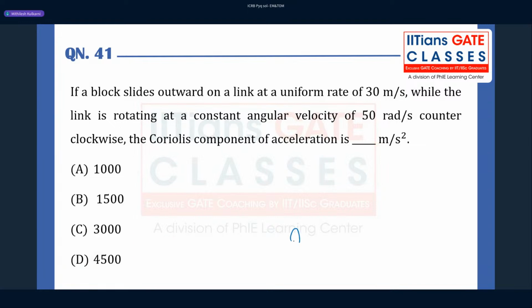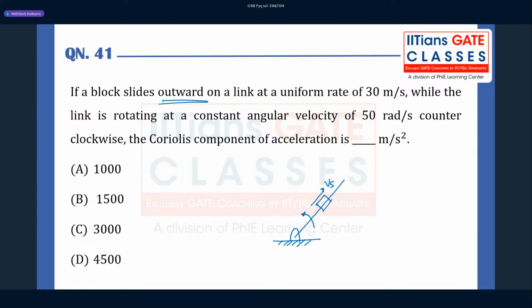So we know that whenever we have a turn slide pair, like we have a link on which we have a slider, it has some velocity, which is going away, that is outward, they have mentioned.